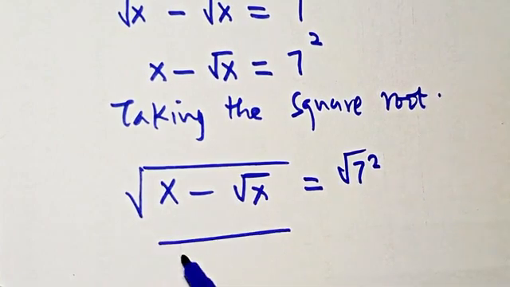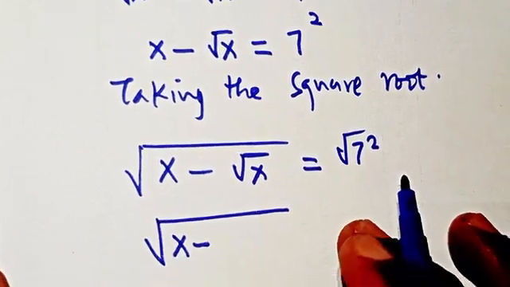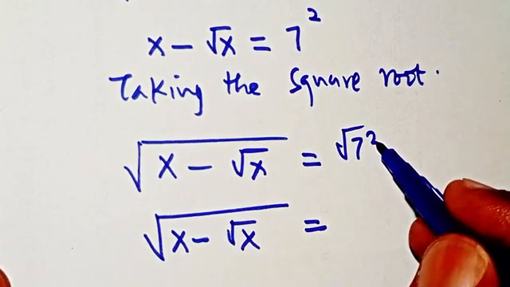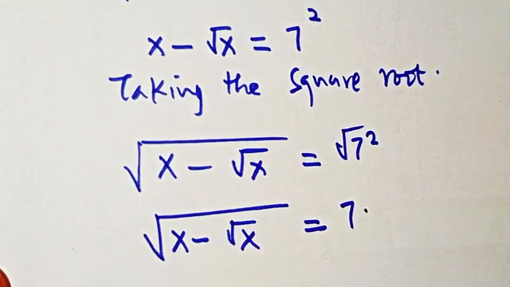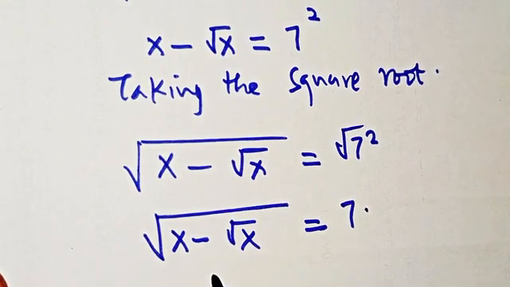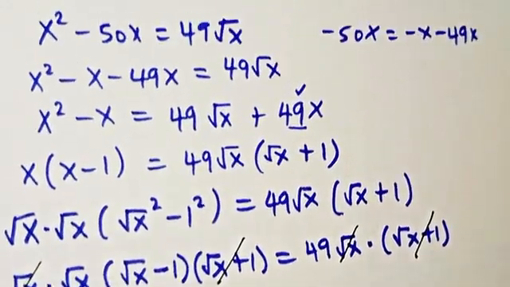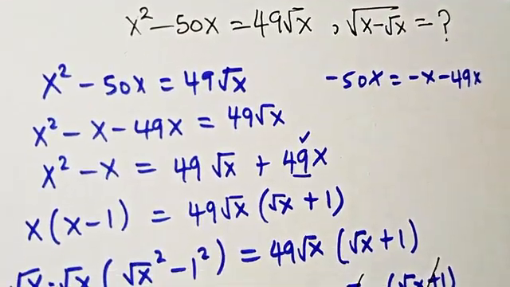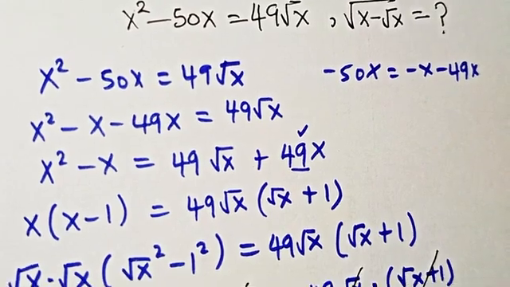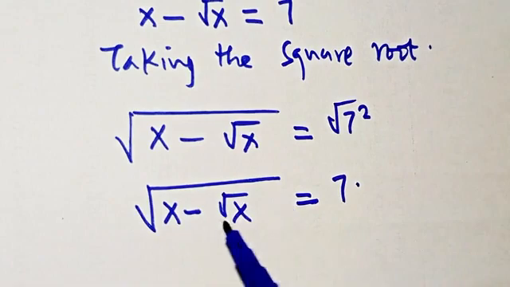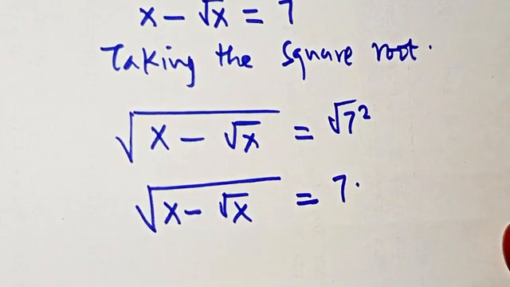And lastly, you can see that x minus root x, we cancel this, we have this. Which is what we are actually looking for, right? Because the question said we should find root x minus root x. And that is what we have here. So we have root x minus root x to be equals 7.